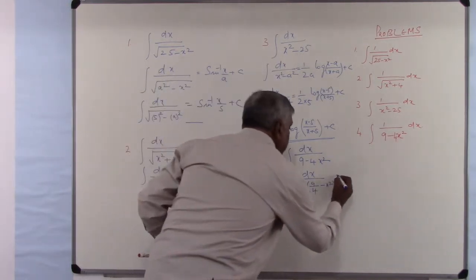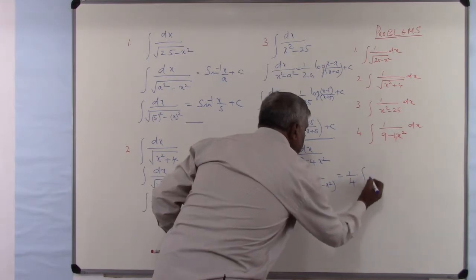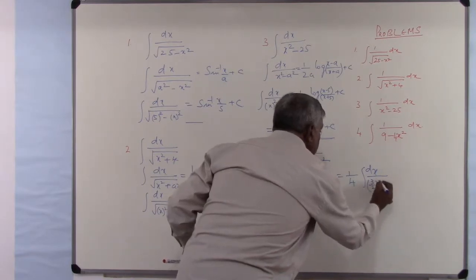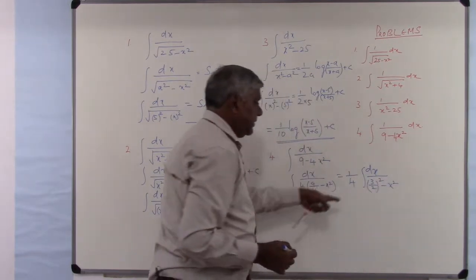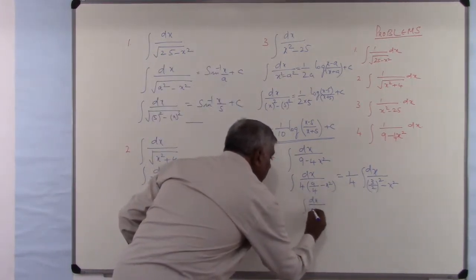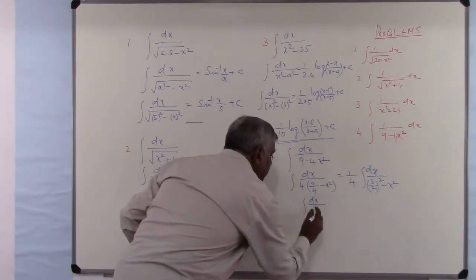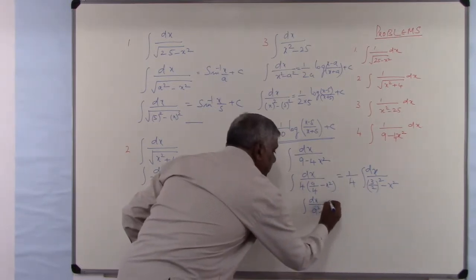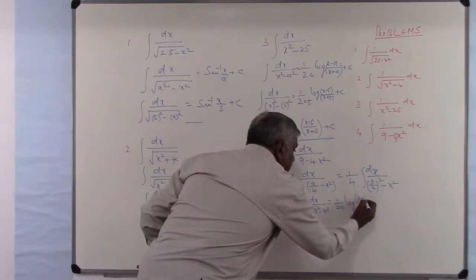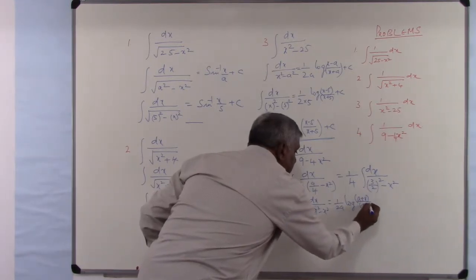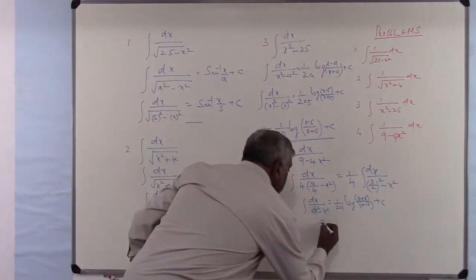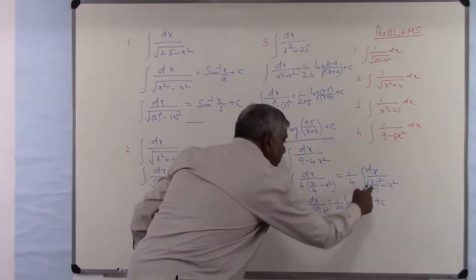Now I am going to take common 1 by 4, integral dx by 3 by 2 whole square minus x square. The standard form is integral dx over a square minus x square is equal to 1 over 2a log of a plus x by a minus x plus c. This is the formula we use. So here 1 over 2 into a, how much is it? 3 by 2.